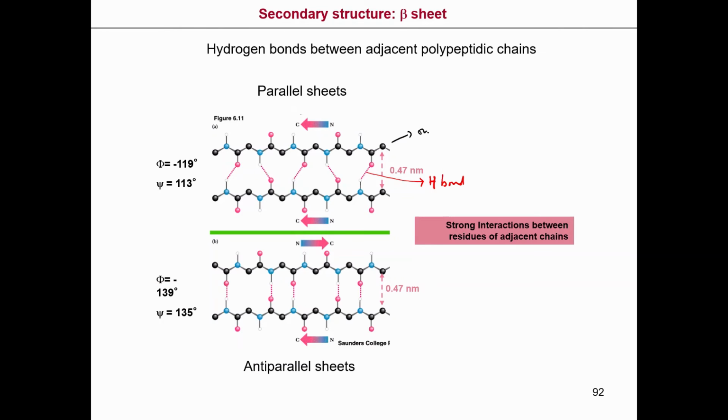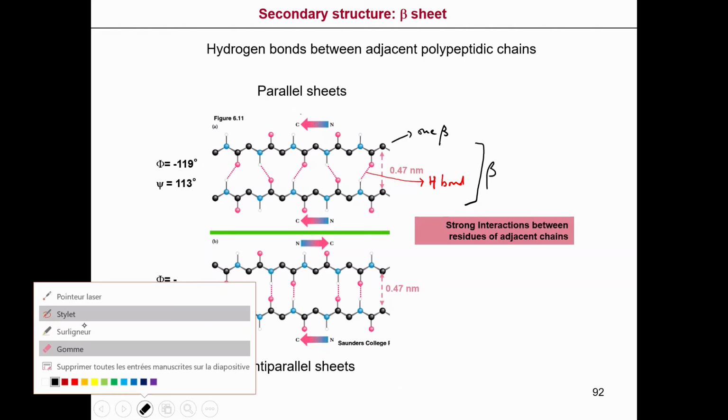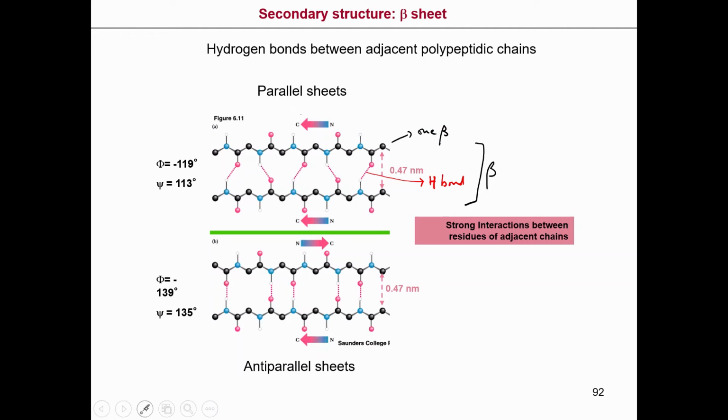This is one strand, sorry. One chain is referred to as a beta strand, and when you have several beta strands in interaction, it is called a beta sheet.